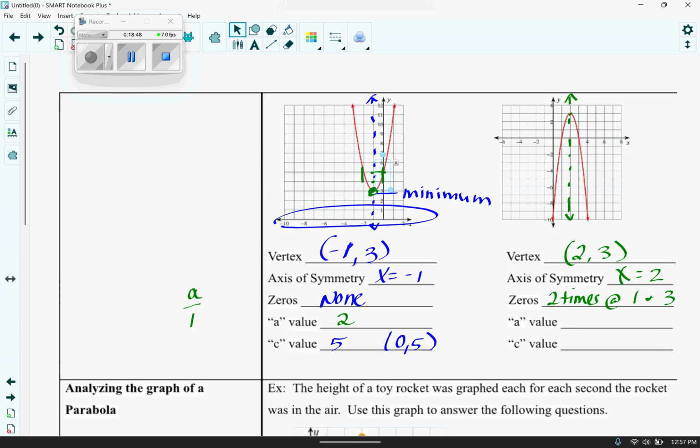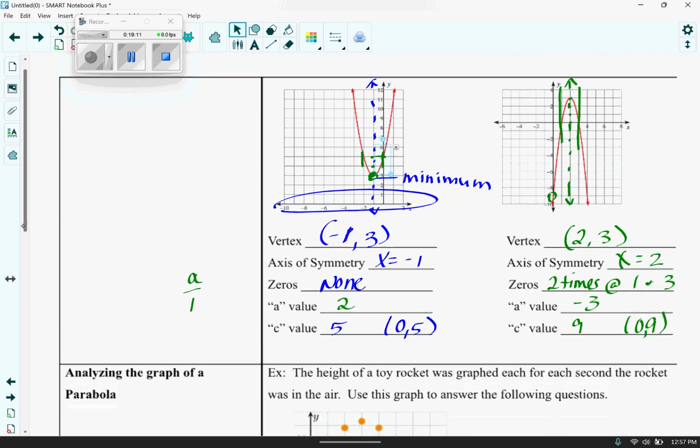My C value looks to me not quite at 8, not quite at 10, so probably like 9. So 0, 9. And my A value, again, if I just go over 1 each direction, it looks to me like it's down 1, 2, 3 over 1, so negative 3. And this is a maximum. It's a high point.